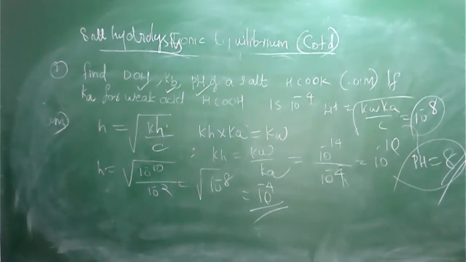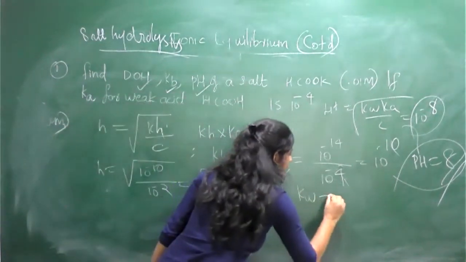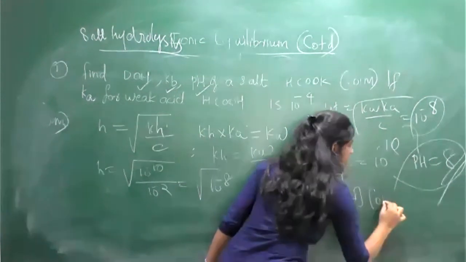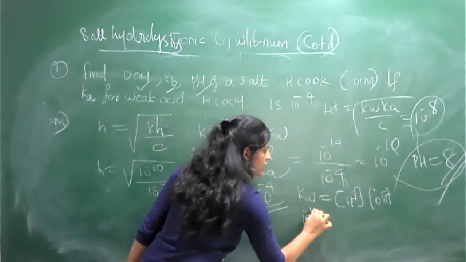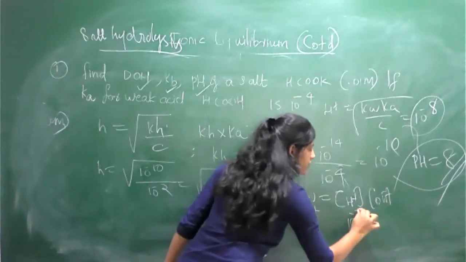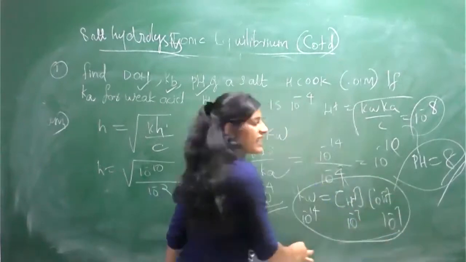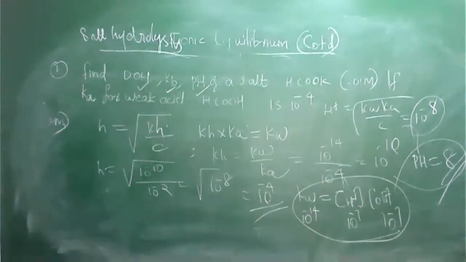Ionic product of water, Kw is equal to concentration of H plus into concentration of OH minus. So you know this is 10 to the power minus 14. We already created this in your previous section.